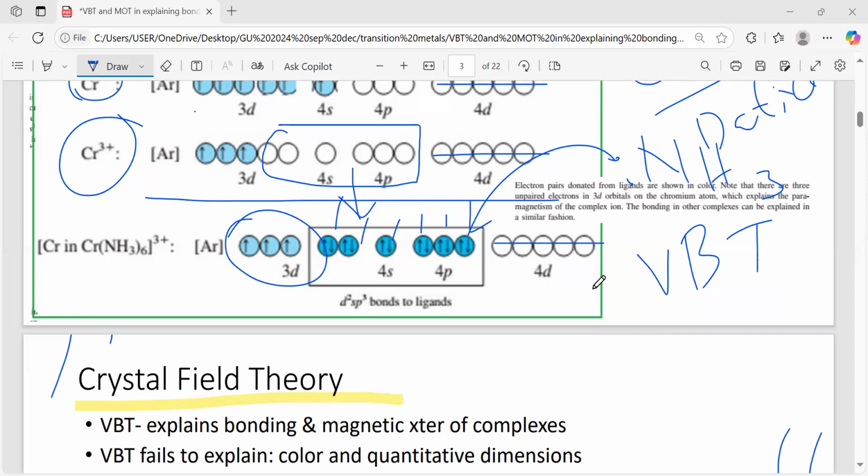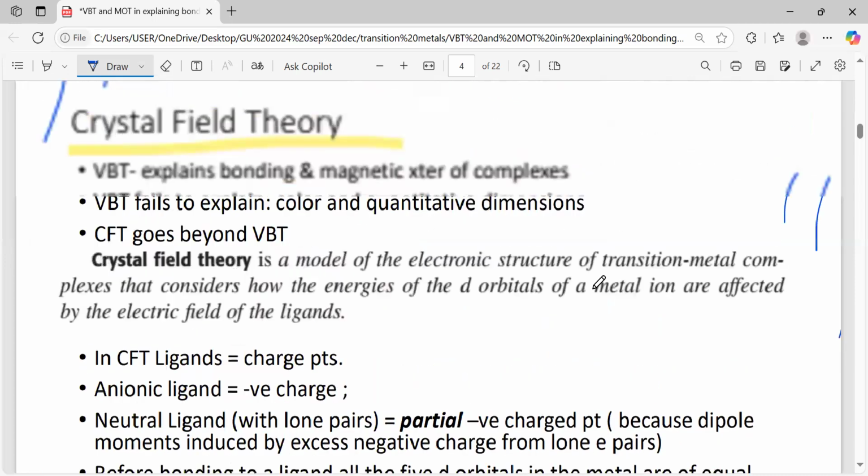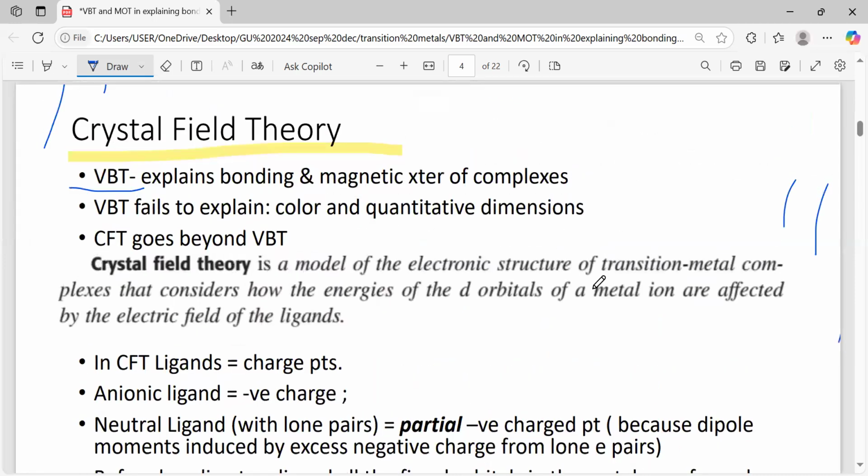So that's why we are saying that VBT is very good at explaining bonding as well as magnetic characteristics of a complex. But what does VBT fail to do? It doesn't tell us about color and other issues, quantitative dimensions. So we have a new theory called CFT, which explains where VBT failed.